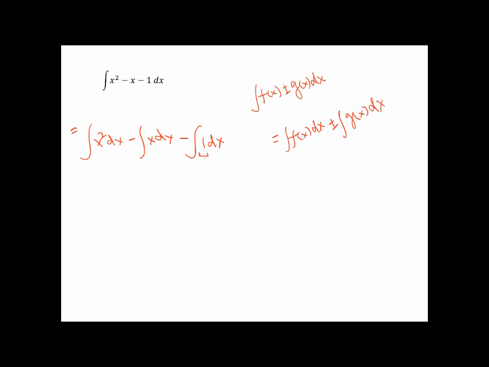Here the 1 I could rewrite as x to the zero, which is still a function about x, but I could also just leave it as 1. So this equals 1/3 x cubed minus 1/2 x squared minus x plus c.